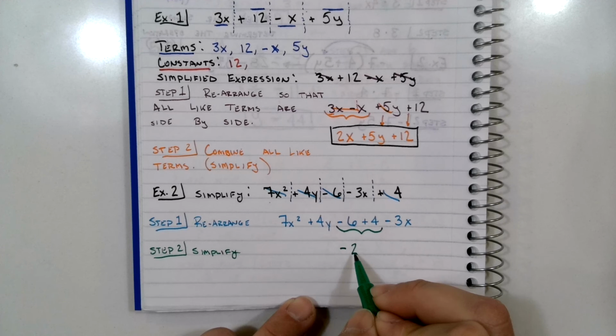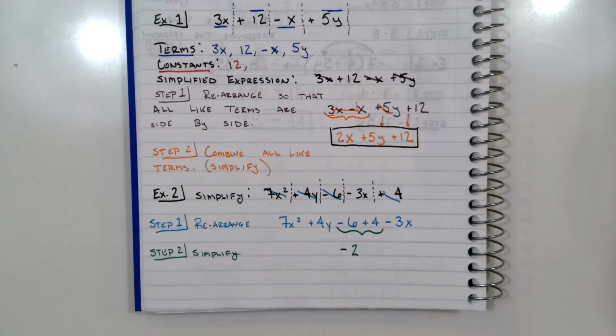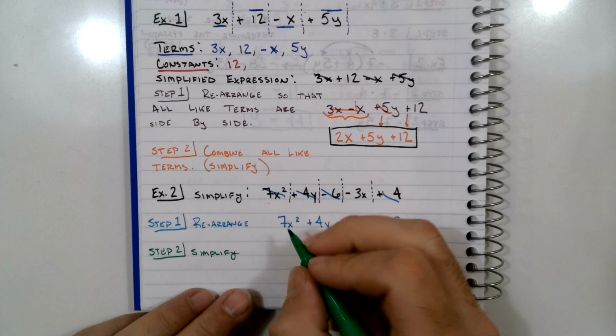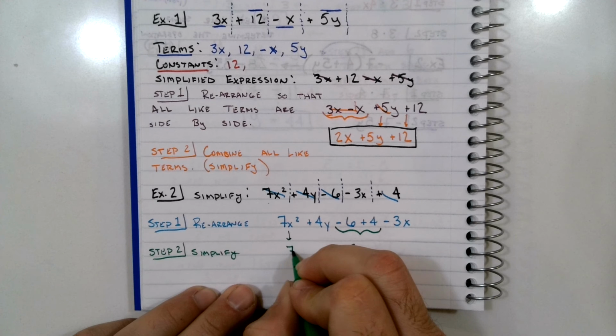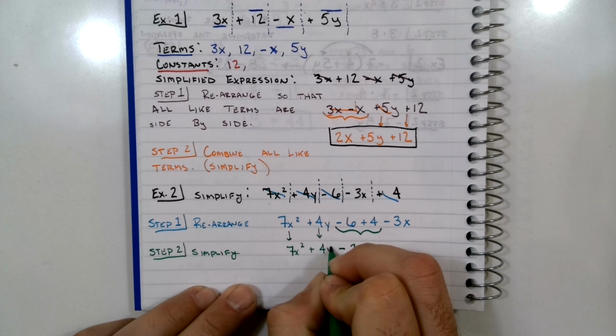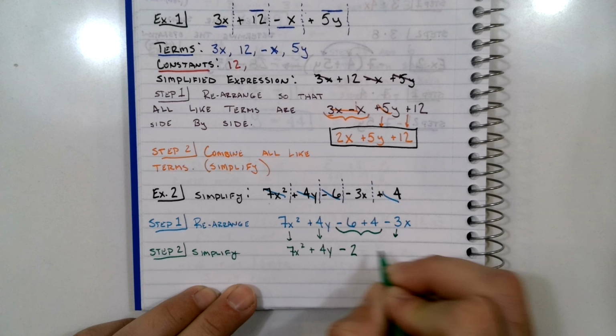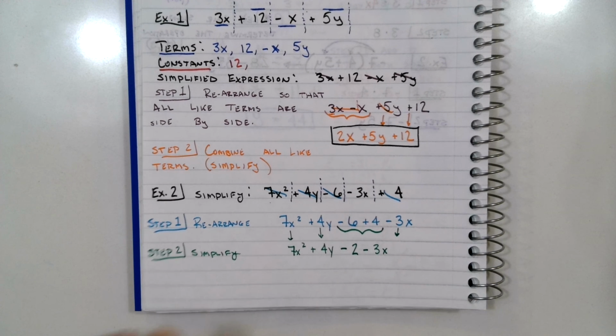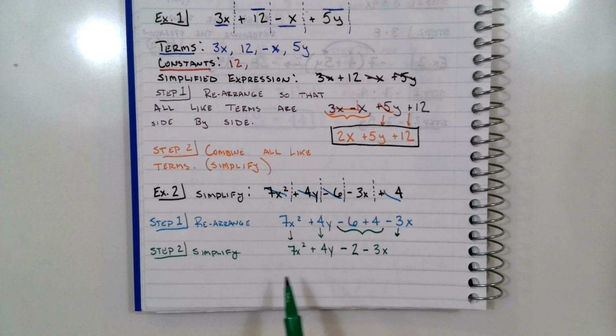I didn't say minus 2 or plus 2. I just said negative 2 because now this looks like minus 2. And now we can drop down everything else that doesn't have a variable. So I have 7x squared, positive 4y, minus 2, and then negative 3x. We won't have anything else that's the same. This is my final answer.